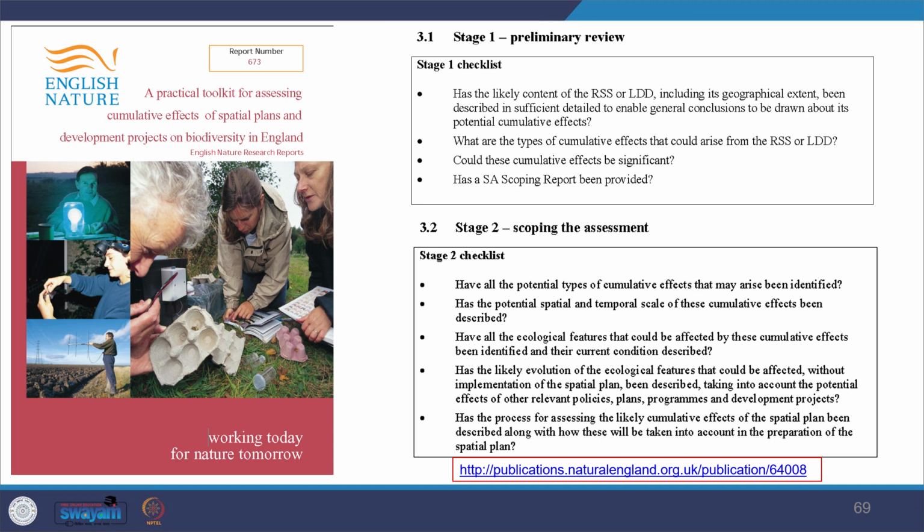All the range of guidelines and sectoral guidelines we were seeing, everyone was defining cumulative effects. Conceptually it might be the same, but it might be very specific to the different sectors. So you need to define cumulative effects when you're dealing with it, and also define the temporal and spatial limit.